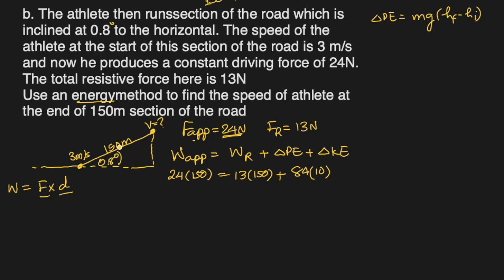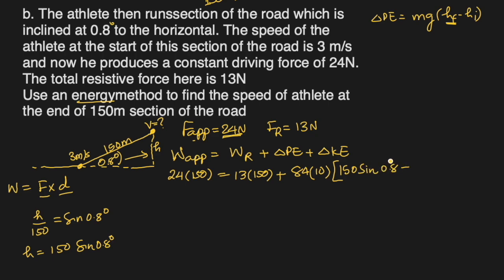Let me call this height h. So h divided by 150, opposite divided by hypotenuse, is equal to sine 0.8 degrees. So h equals 150 sine 0.8 degrees, that I'm going to write in place of final height. 150 sine 0.8 minus, what was the height earlier? It started from here, height was 0.